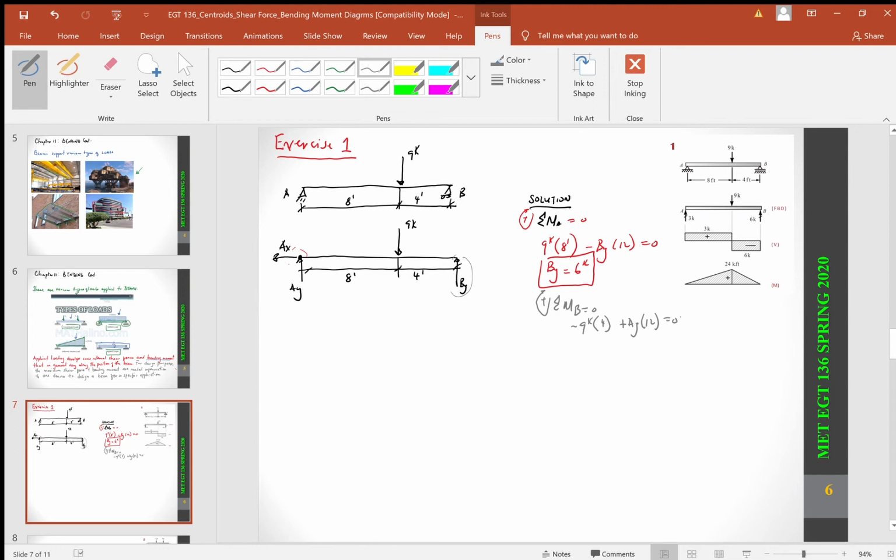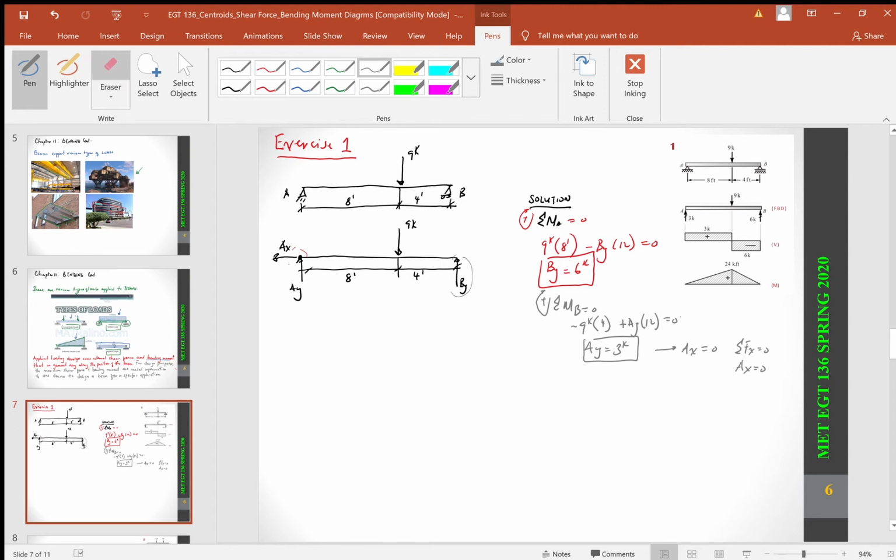It's going to be 3. So we found our support reactions, and you know that AX is going to equal 0. But that comes from the sum of the forces in the X direction equals 0. Therefore, your AX equals 0.